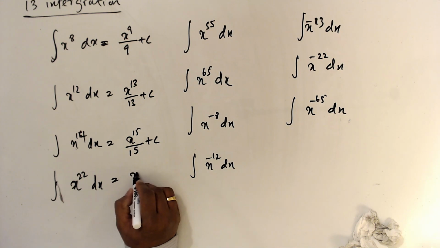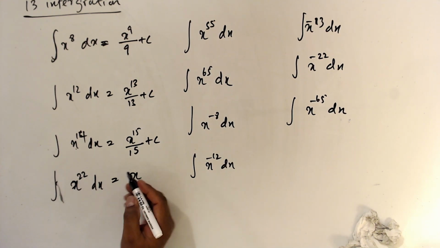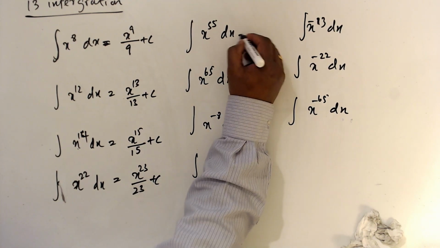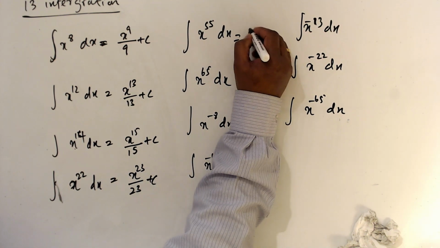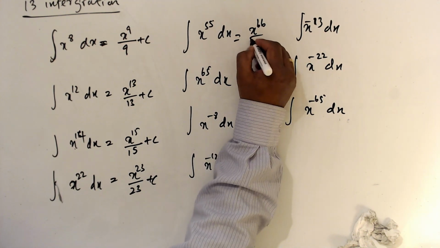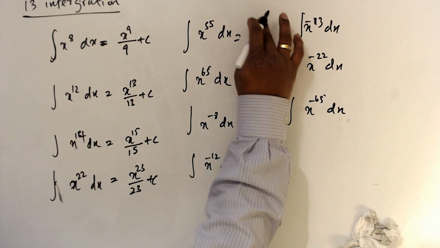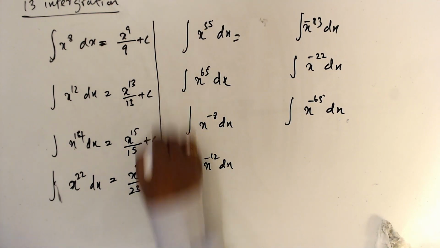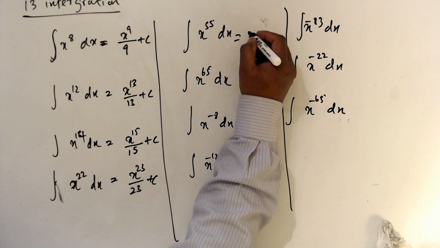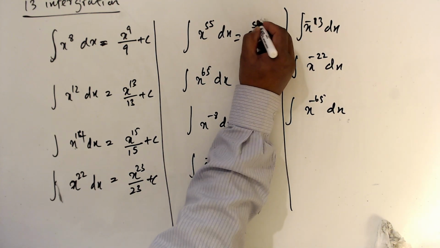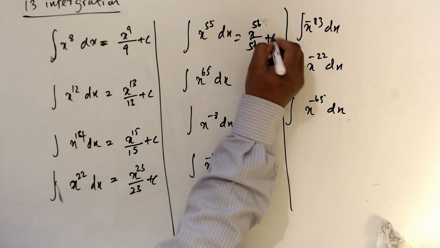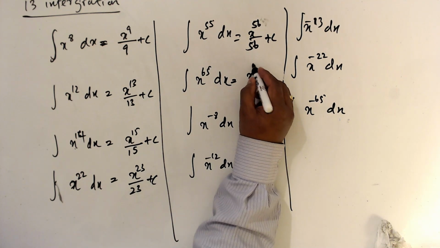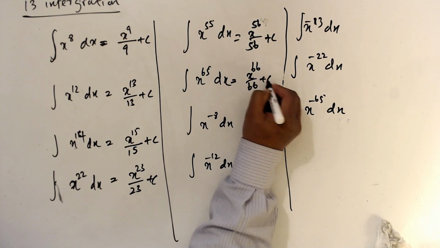This one, x^22, add 1, 23, divided by 23 plus c. x^55, add 1, 56 over 56 plus c. And this one, x^65 plus 1, 66 over 66 plus c.